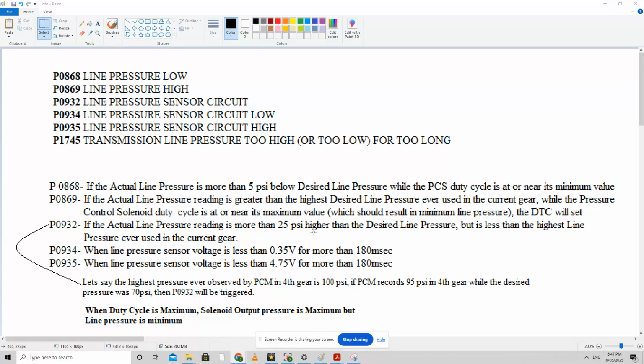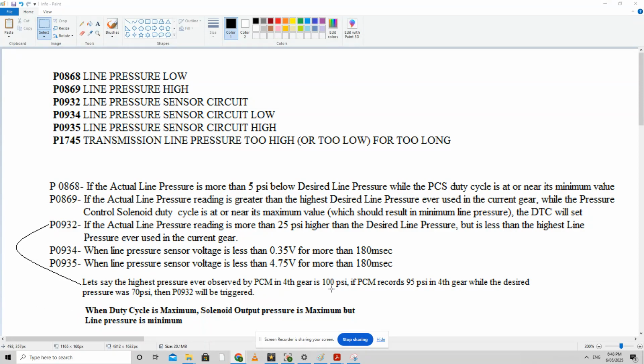So 932 is the one that you get when you have a circuit-related issue. Let's just say that the highest pressure ever observed by the PCM in fourth gear is 100 psi. If the PCM records 95 psi in fourth gear, while the desired pressure was 70 psi, 932 will be triggered.